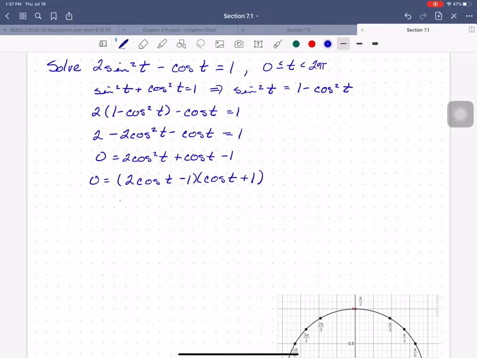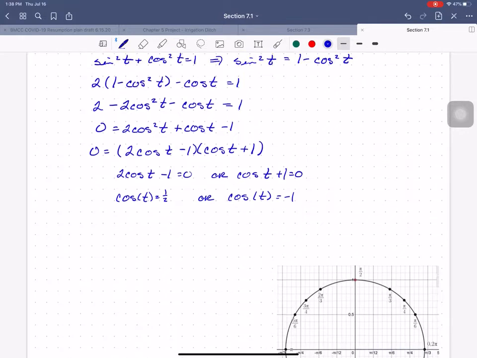So that means that 2 cosine t minus 1 equals 0, or cosine t plus 1 equals 0, which means cosine t equals 1/2, or cosine t equals -1.